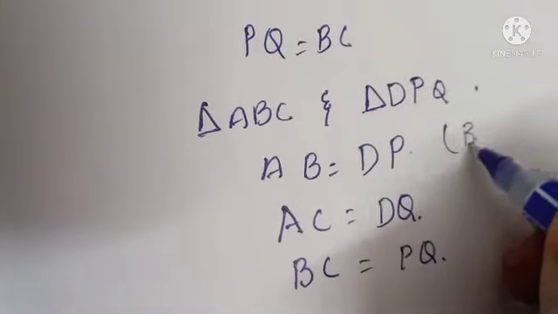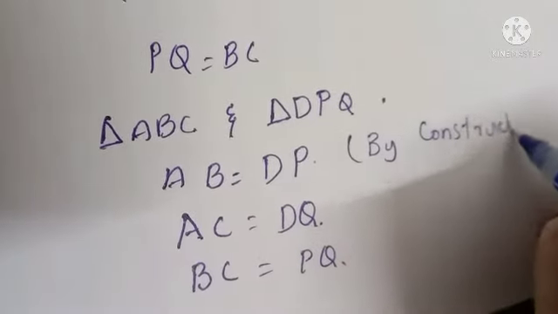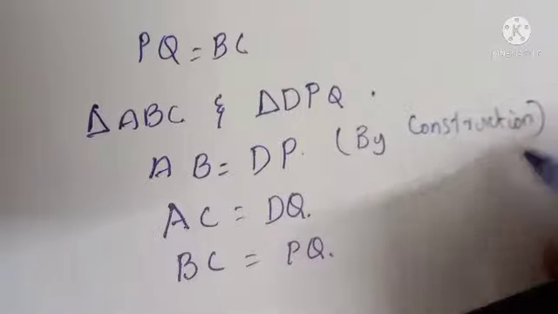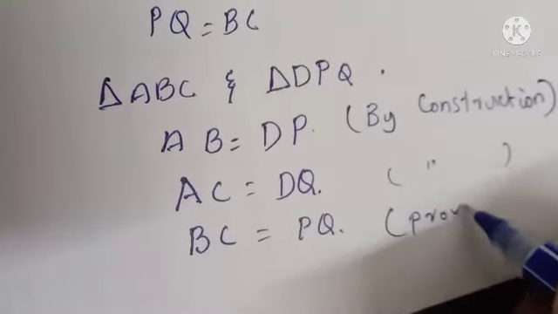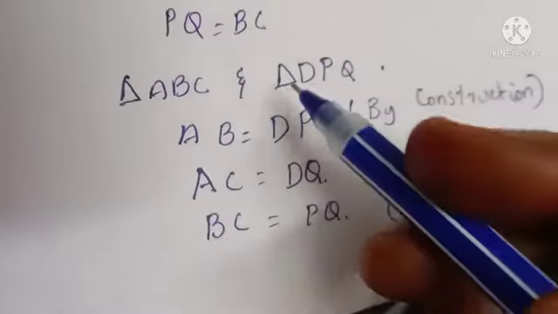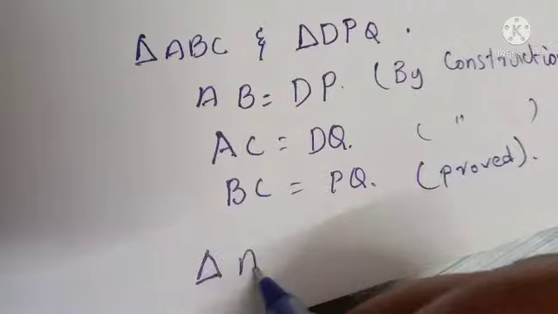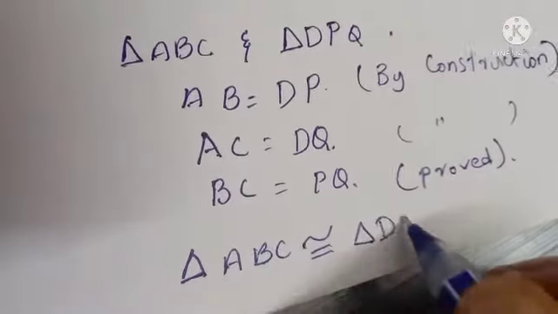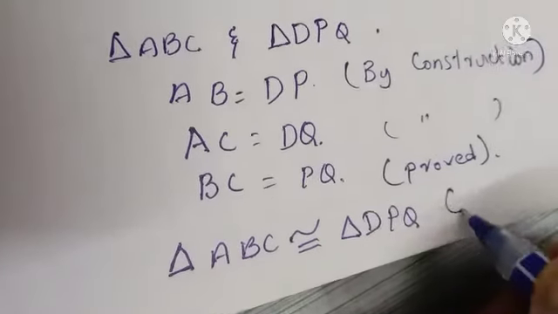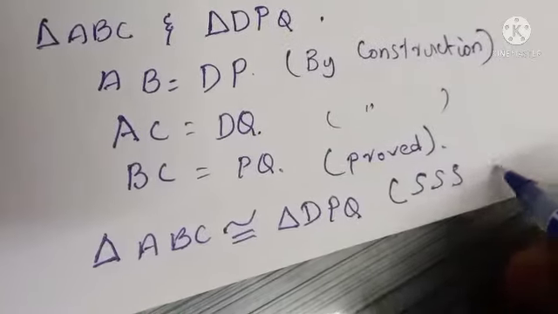The first two are by construction, but the last one we proved. So by these three, what do we get? Triangle ABC is congruent to triangle DPQ, by the SSS congruence rule.